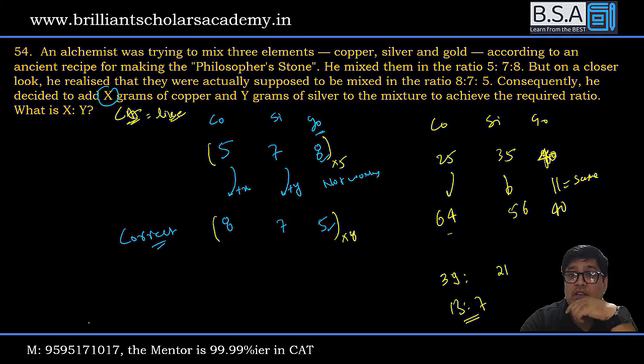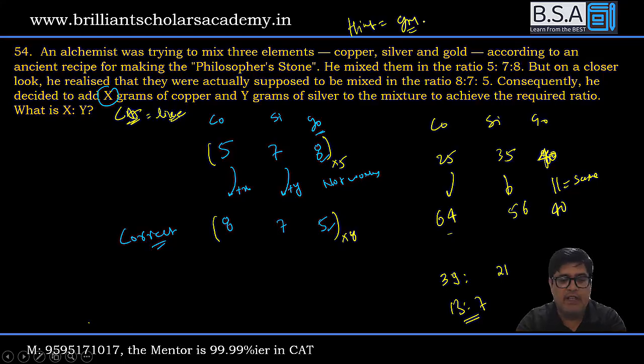The ratio is what was asked. What is the ratio? Not the quantity. The quantity cannot be found. You cannot find the actual grams added. You can always find the ratio. In the whole question, nowhere do you have a hint of the actual grams. There is no hint on grams, total grams, 10 gram, 15 gram, 20 gram. You cannot find grams.